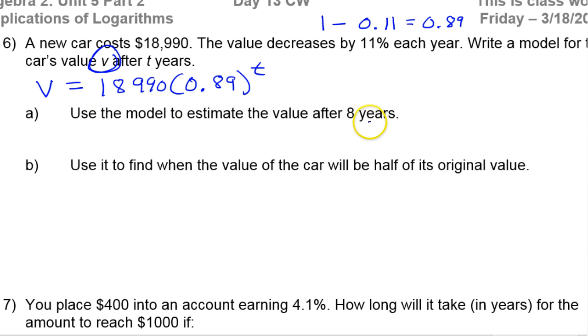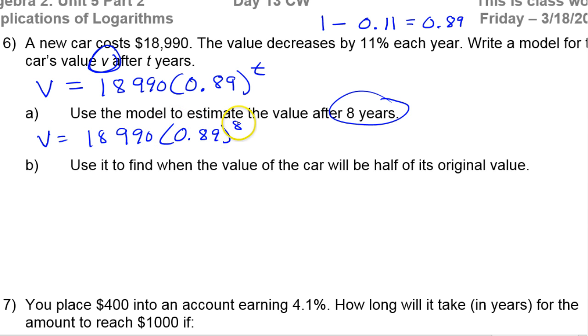So that's like what we did yesterday, okay? They're giving us the time. So if we do that, the value will be $18,990 times 0.89 to the 8th power. So you just put that in your calculator and you get what you get.